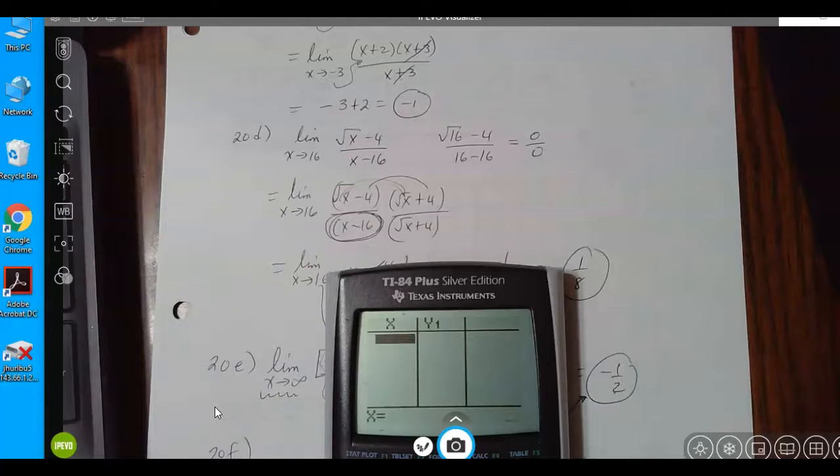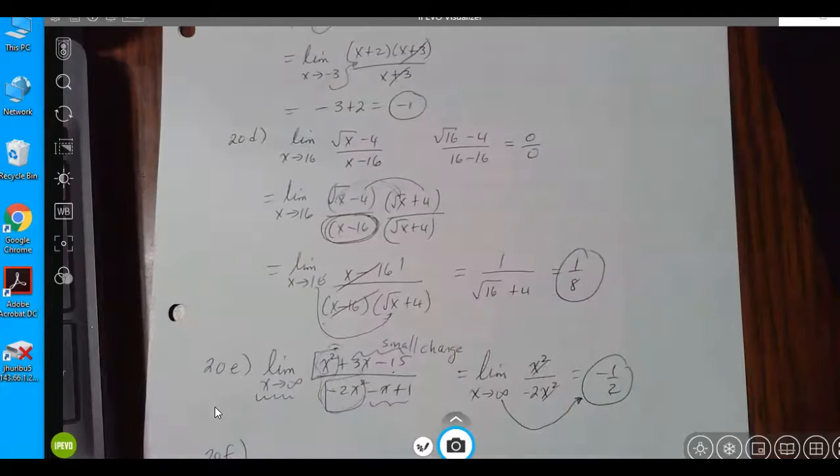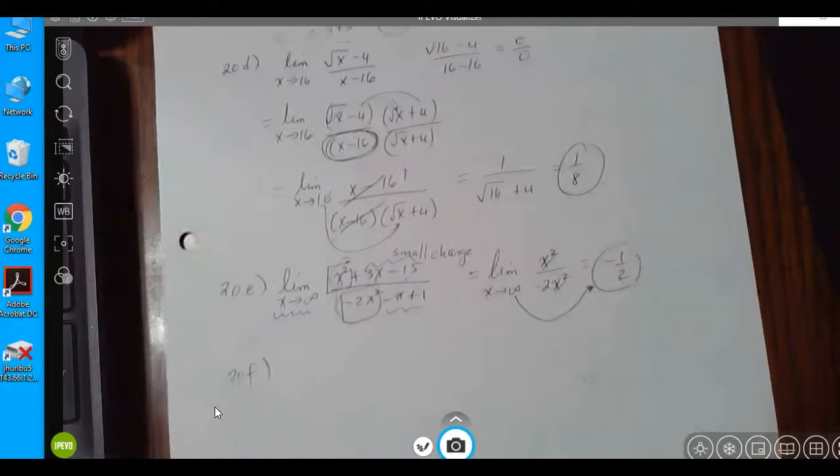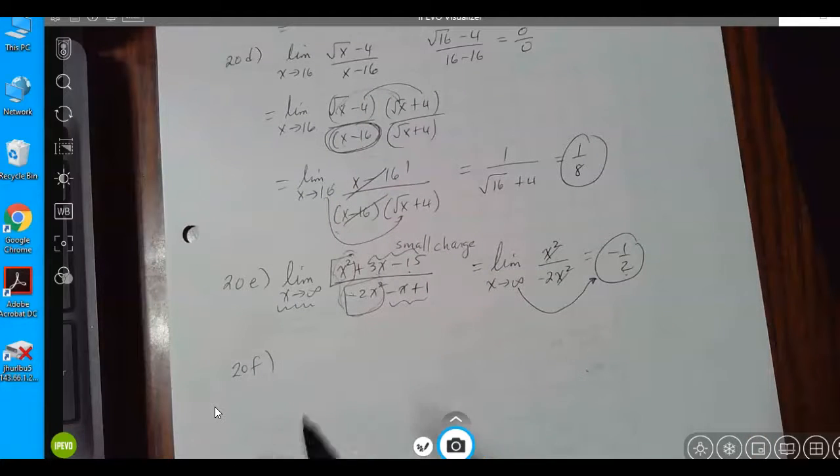I'm going to delete all this. Now x is approaching infinity, so let's try 100. Let's try 1,000 or 10,000. As you can see, the y value is approaching -0.5, which is the same as -1/2. Okay, so there's a double check for you using technology.